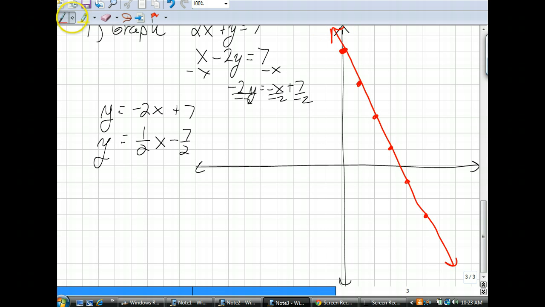The second one says start at negative 7/2, so 1, 2, 3 and a half, there's negative 7/2, then go up 1 over 2, over 1, 2, up to the middle, over 1, 2.